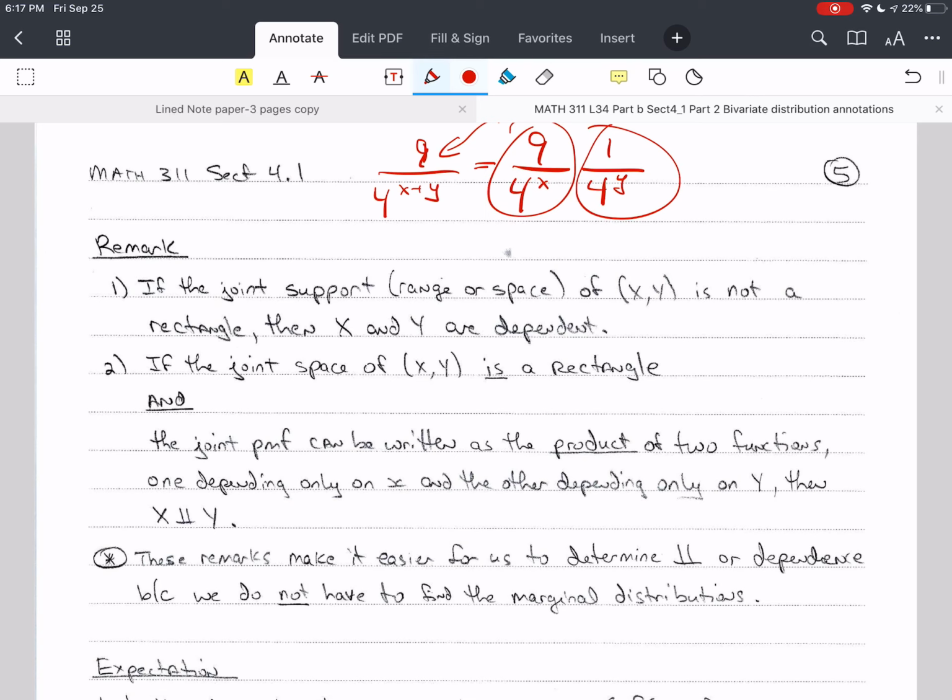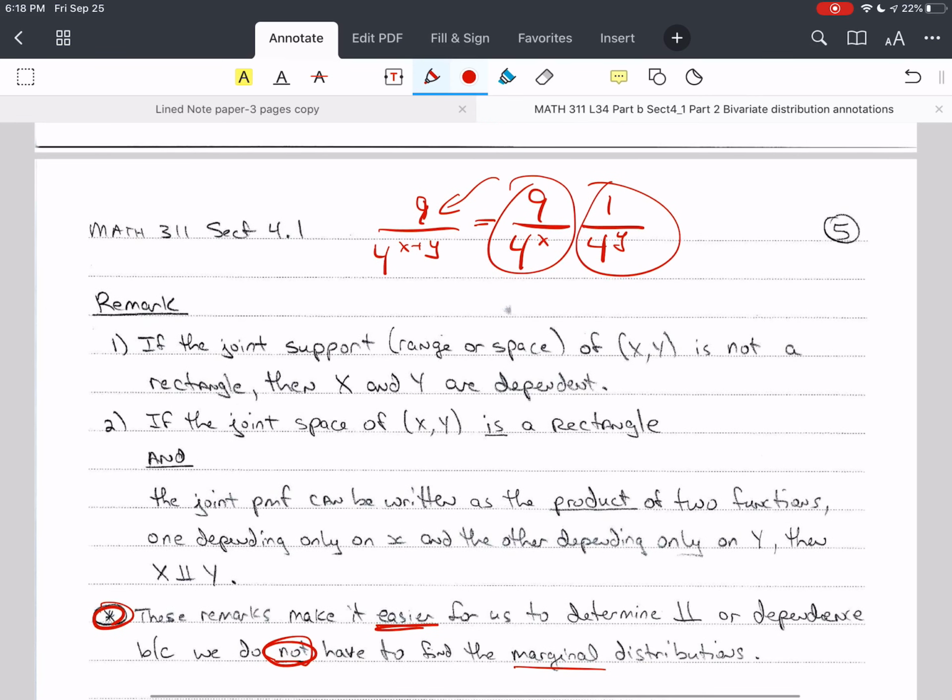So here are some remarks, and what's the purpose of these? This is to make it easier for us to determine whether we have dependence or independence. And the key part is, we do not have to find the marginal distributions to do it. So if the joint support, range or space, of X and Y is not a rectangle, then X and Y are dependent.